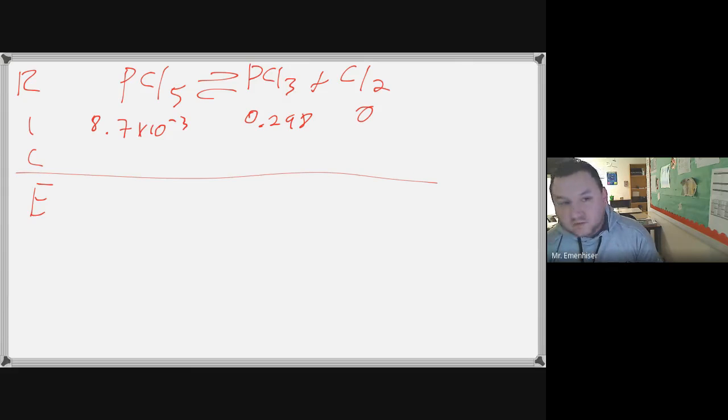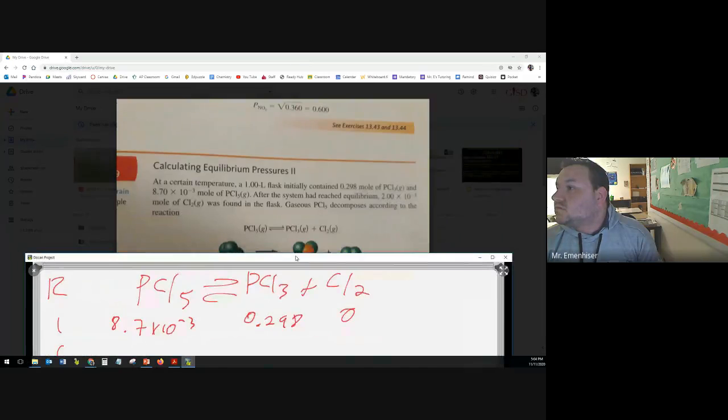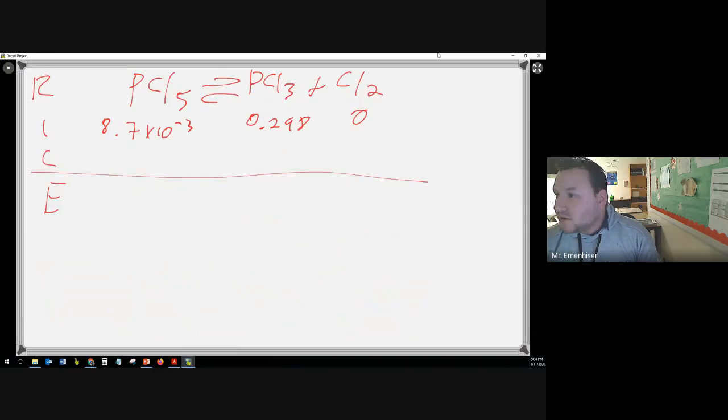Okay, and then we're told at equilibrium. Let me double check the question. We know that, and then we know that the moles of Cl2 produced. Okay, so this is going to be 2 times 10 to the minus 3.